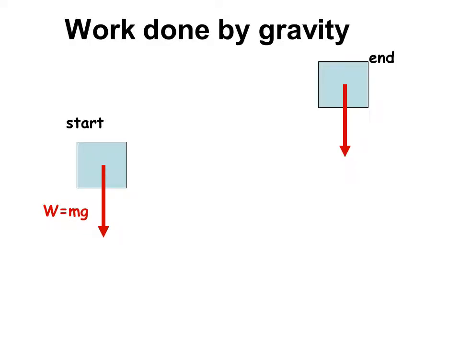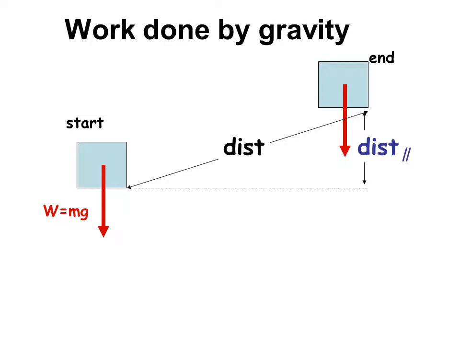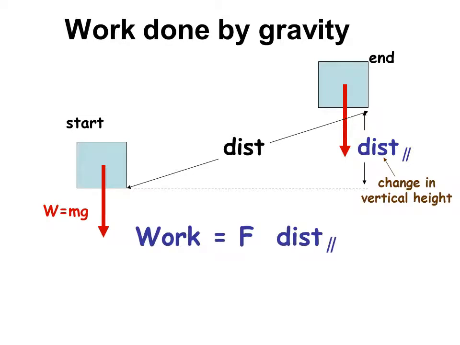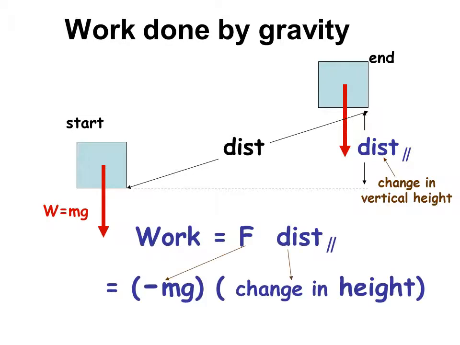Now we can calculate the work done by gravity, where the force equals mg. So the work, as we defined, is force multiplied by distance.